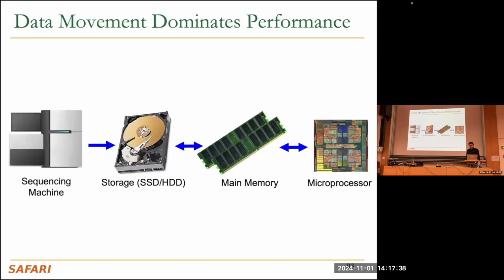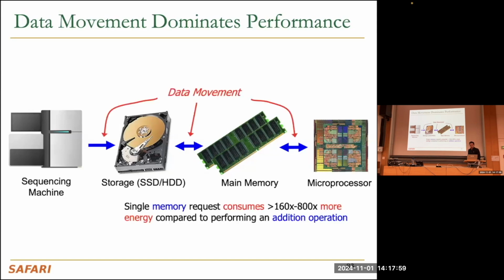But the second, we have many of them in genome analysis. So when you start from the sequencing machine, remember we're generating a large volume of data that we need to analyze. And this data usually needs to sit at the SSD, at the disk, and then it needs to move through the main memory and your processor and so on and so forth. So this means that you're making lots of data movement.